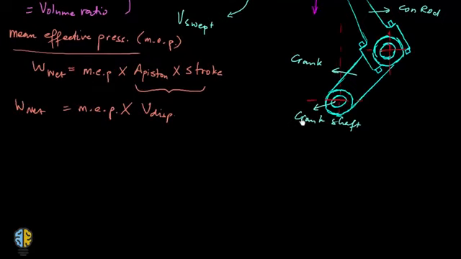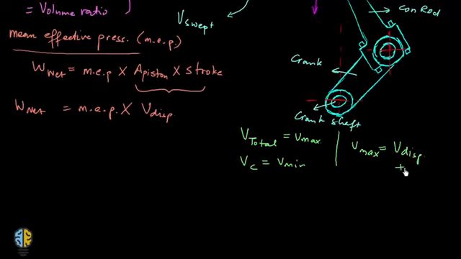I can say that my total volume is the maximum volume, and the clearance volume is the minimum volume. So I know that Vmax is equal to V displacement plus V minimum. So if I subtract these two values, I get V displacement.